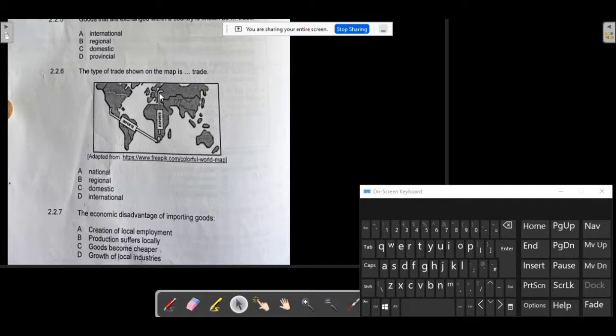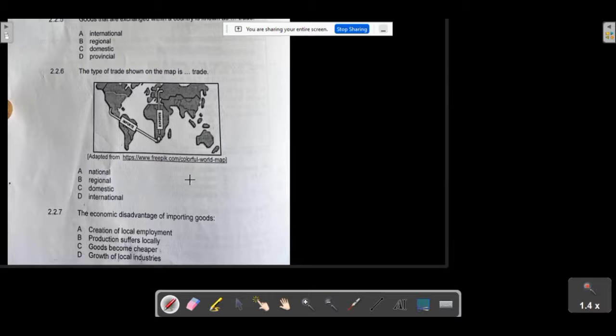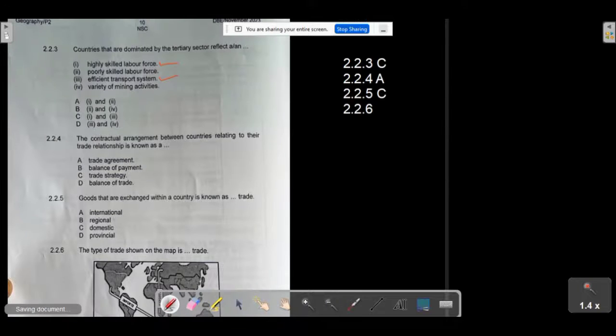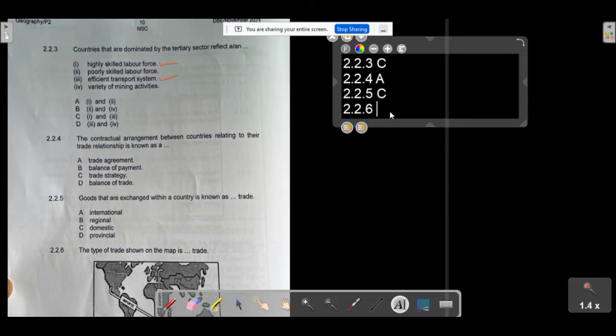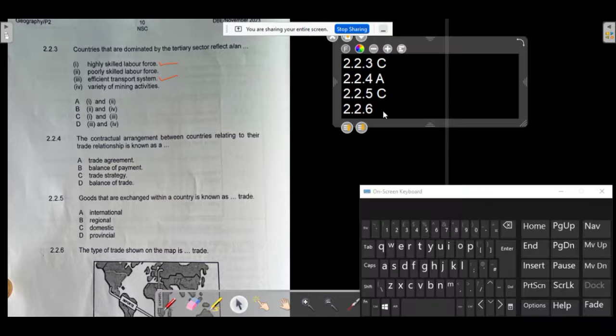That is, of course, international, guys. It cannot be regional because usually regional is just a couple of countries, for example, countries in the southern part of SA, countries that are next to each other. These countries are actually far away from each other. So that's why I'm going with international. So it's D. So we're going with D for 2.2.6.